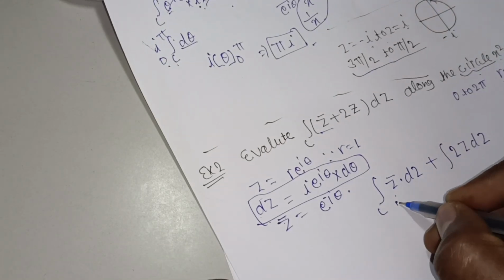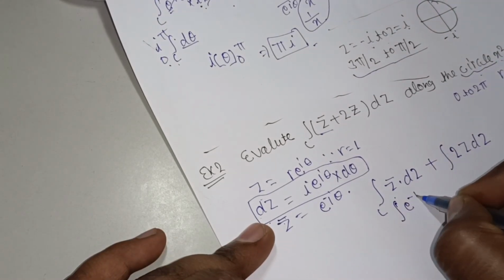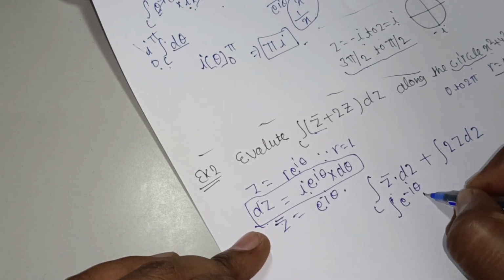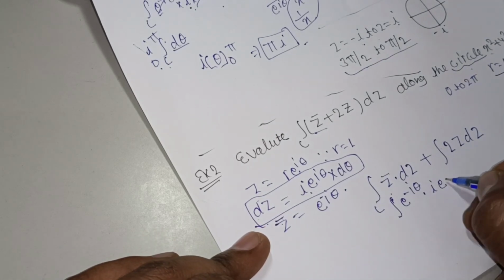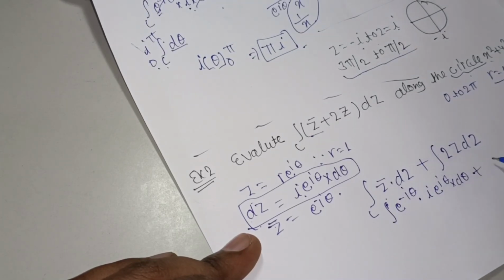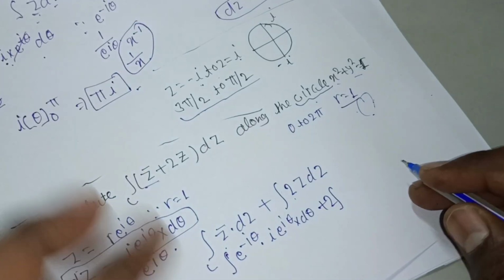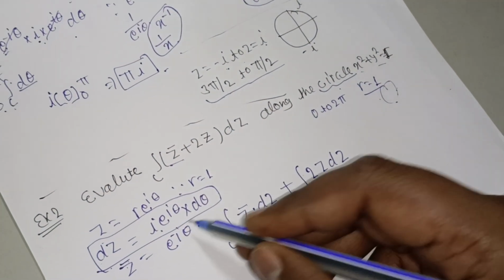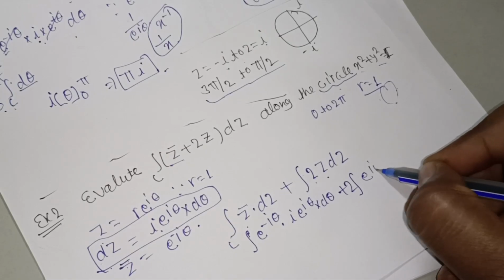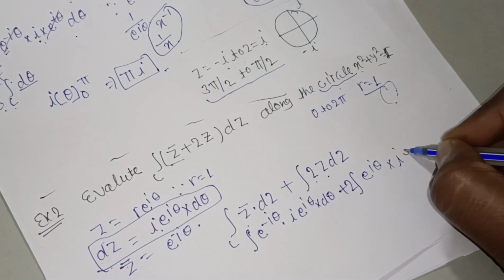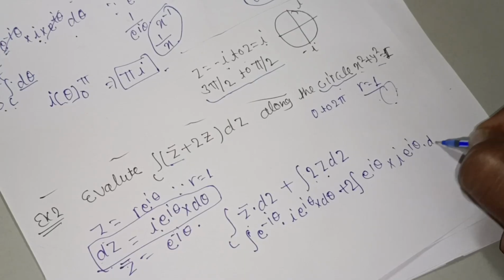So z bar is e to the power minus iota theta, and dz is iota e to the power iota theta into d theta. Plus 2 we can take common, so I have taken common, and z is e to the power iota theta, and dz is iota e to the power iota theta into d theta.